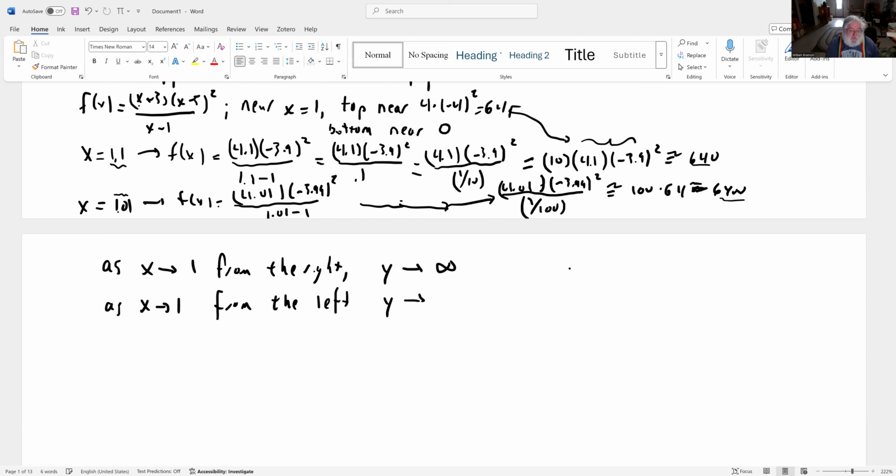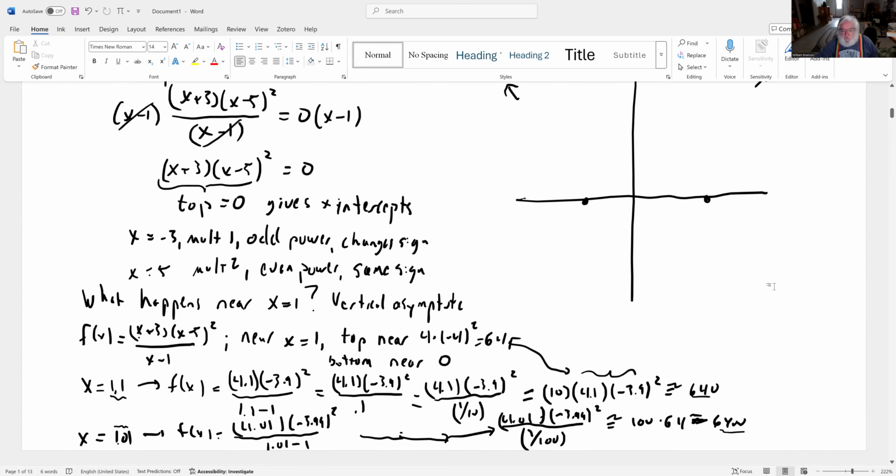Y will go to minus infinity, because instead of having positive numbers on the bottom, if you had 0.99, you'd end up with negative numbers on the bottom. Okay, and so this tells me that I've got a vertical asymptote. That's what a vertical asymptote is. You're going off to plus or minus infinity.